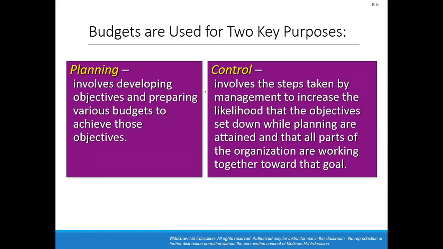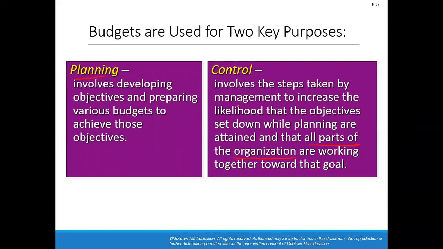Another way is that we like to achieve some objectives, but we like to make sure that all parts of the organization, including the employees, including all the divisions, including all the activities, are working in a way so that we can achieve the goal we set in the planning stage.